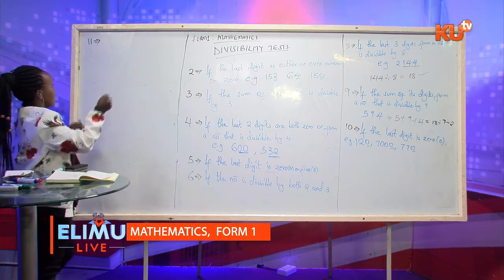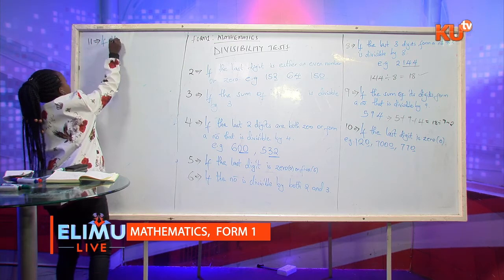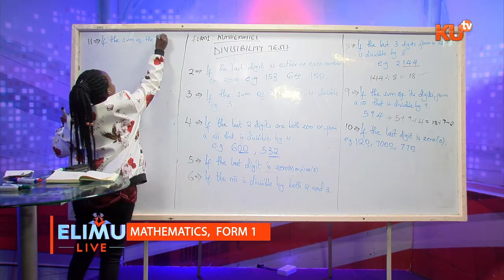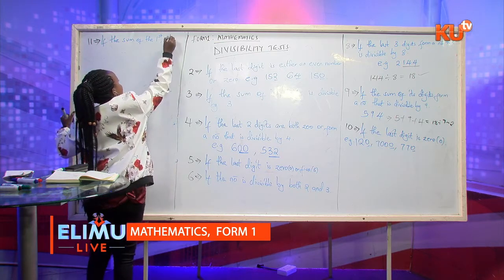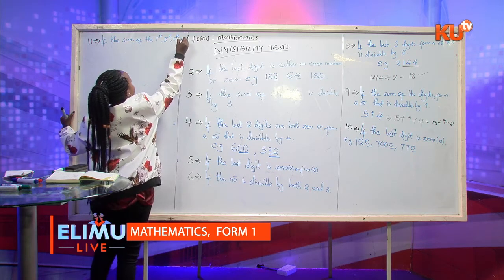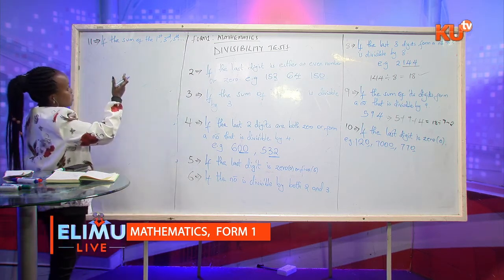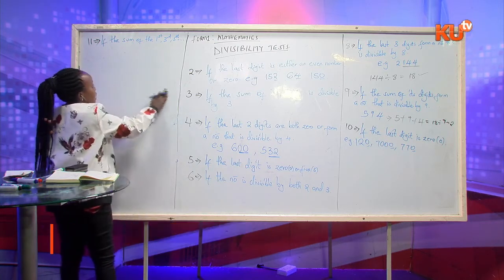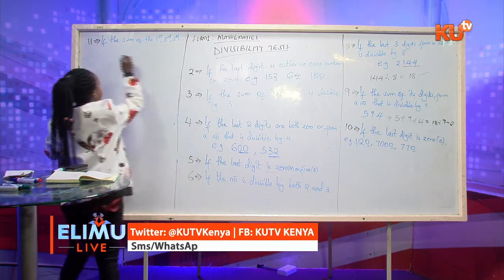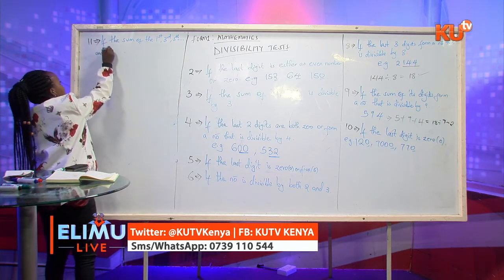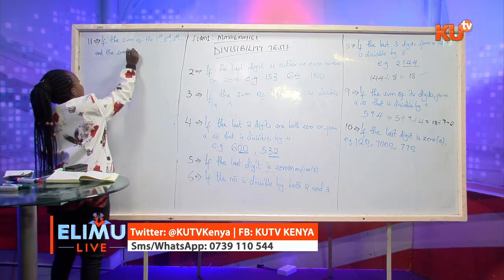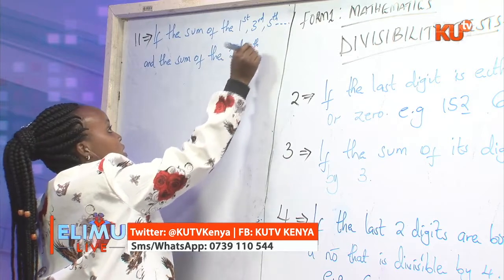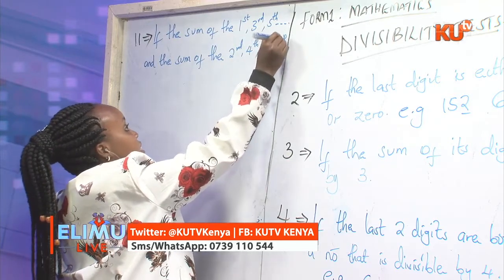So we can write that a number is divisible by 11 if the sum of the first, third, fifth, etc., the numbers in the odd positions, and the sum of the second, fourth, sixth, eighth onwards.